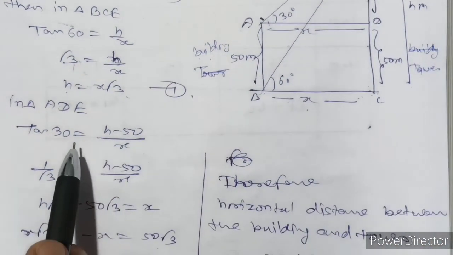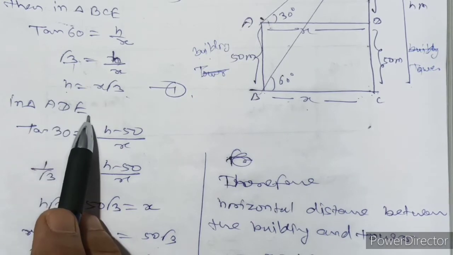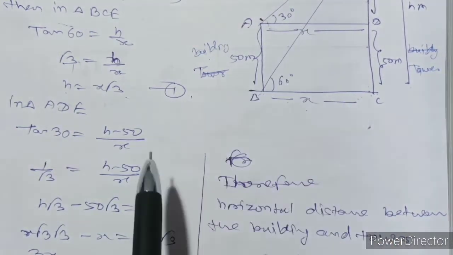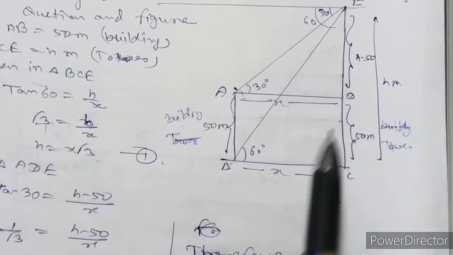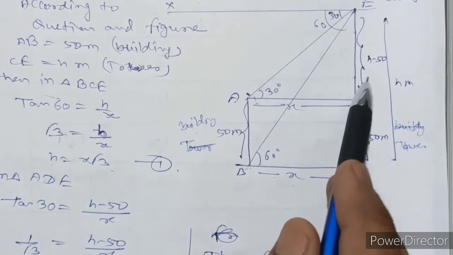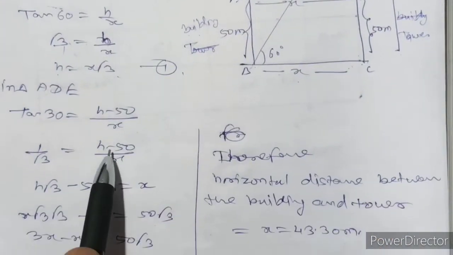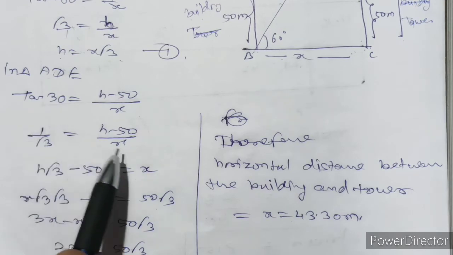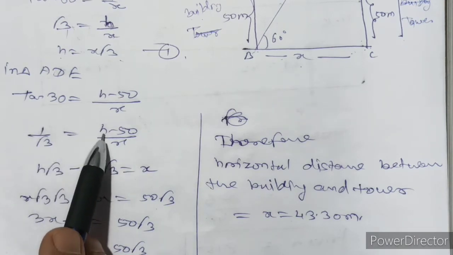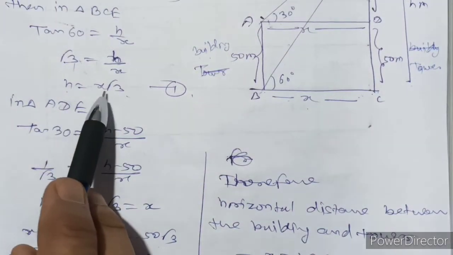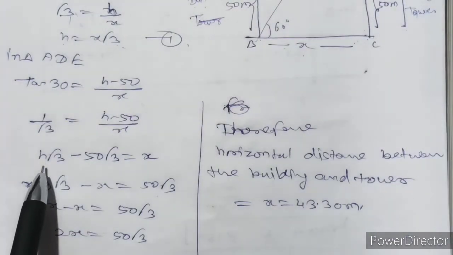In triangle ADE, tan 30 degrees equals perpendicular upon base, H minus 50 upon X. After cross multiplying, X equals H root 3 minus 50 root 3, and putting the value of H equal to X root 3 here.